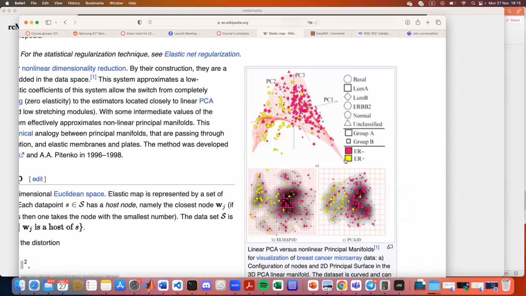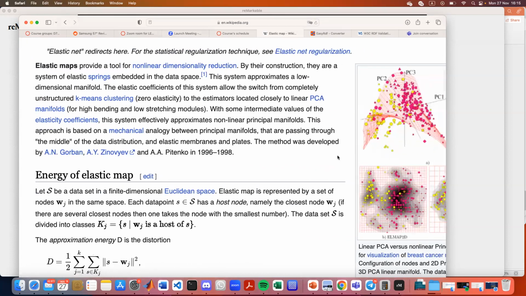It's also used for visualization. I met the person who created it accidentally, and while talking we discovered that we had the same supervisor: I had him for my master thesis, and he had him for his PhD.